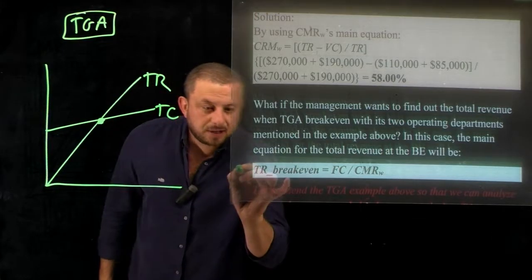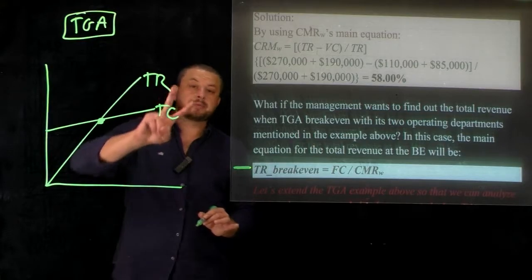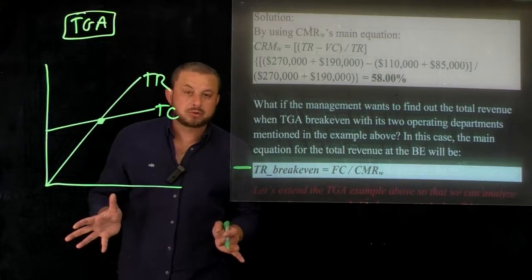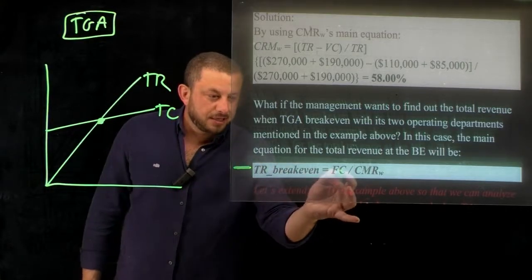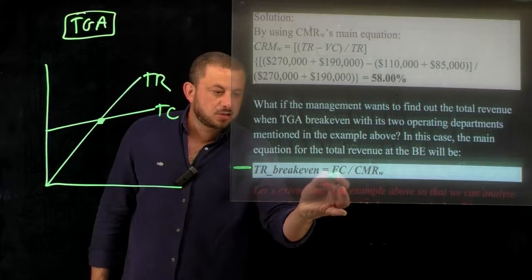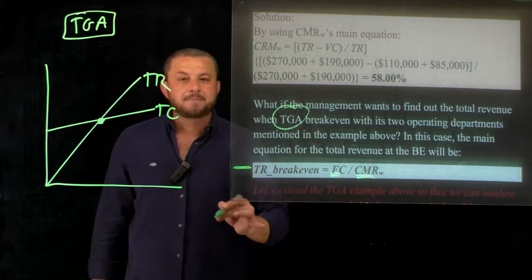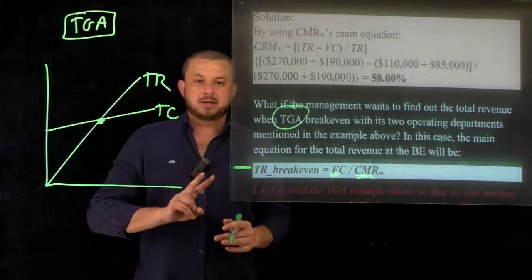What we're going to do now, okay, one of the most important simulations after the increase in fixed cost, we're going to find the TR at break-even when 2 departments or 3 departments or 4 departments and/or products or goods are combined, okay, guys? TR break-even, you can tell from its equation as well, is fixed cost over CMRW. Why CMRW? Because for TGA, there are 2 revenue generating departments. We have to combine them together, all right?